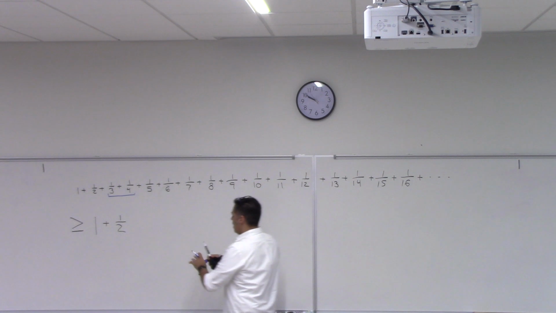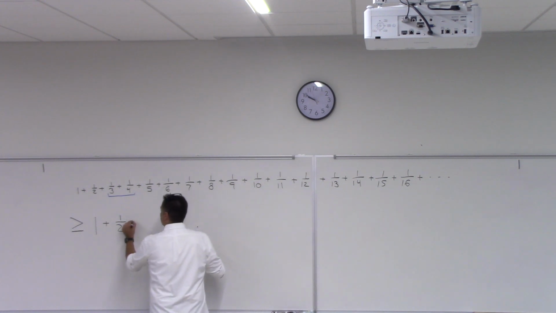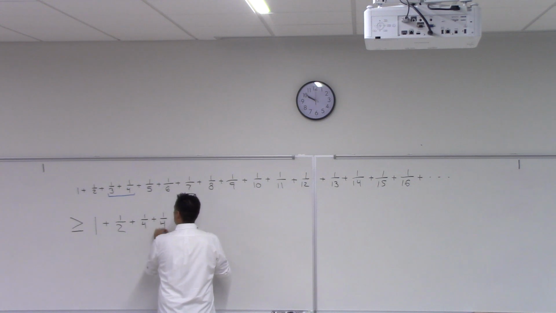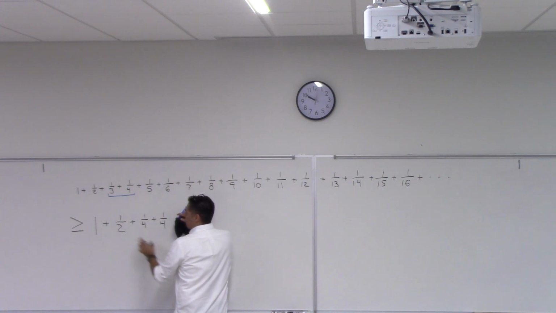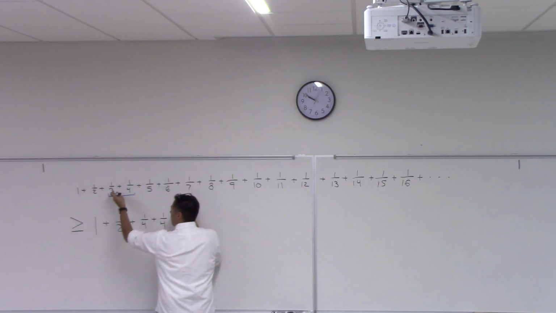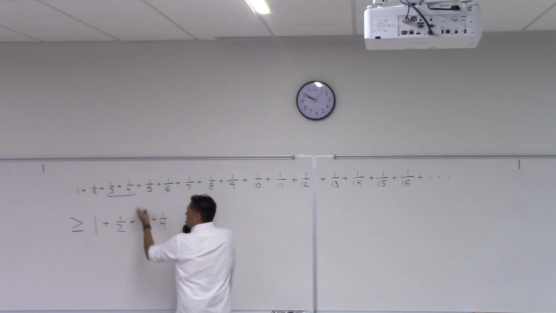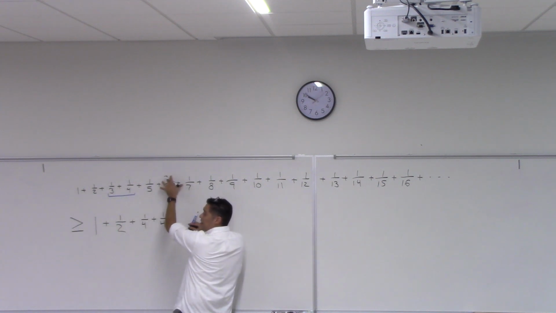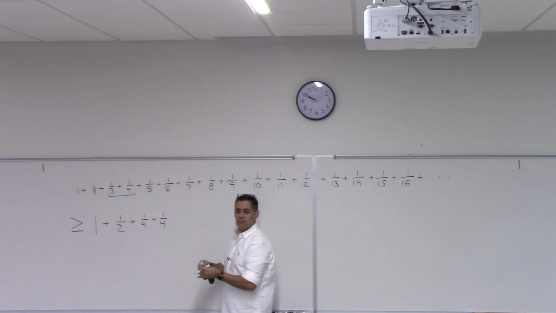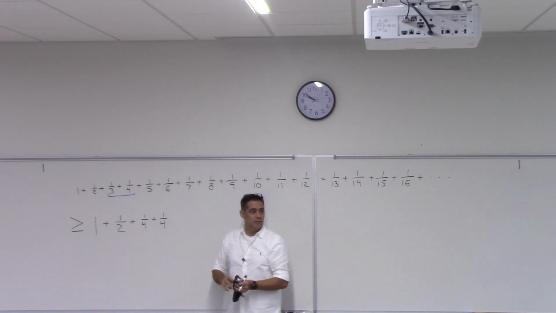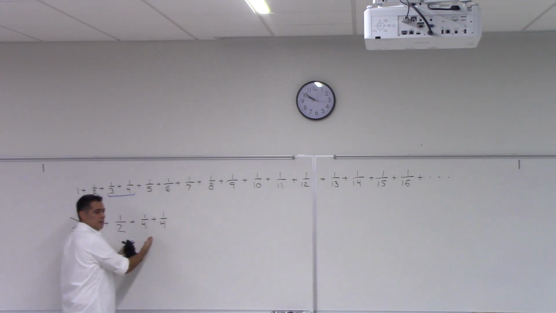So do you agree that if I add to this 1/4 twice, so I have the 1 here, the 1/2, and instead of 1/3, I did 1/4 and 1/4, do you agree still that that's bigger? Bigger than this?